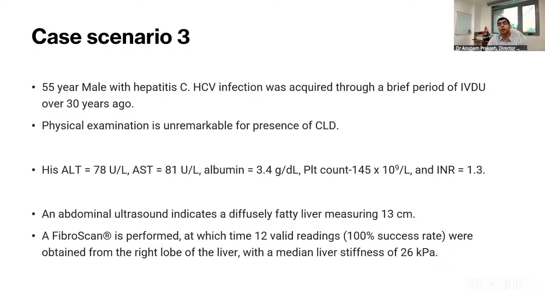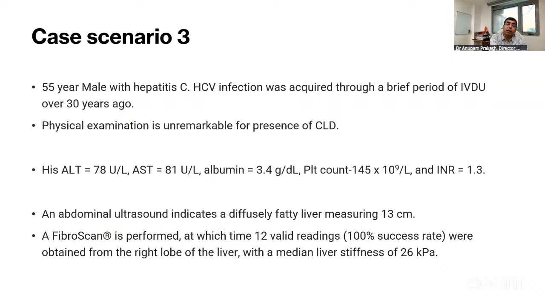If it is high, then definitely there is some component of fibrosis, and any reading on fibroscan or VCTE, vibration controlled transient elastography, if it is more than 14, then definitely there is a very significant element of fibrosis. So this is important.